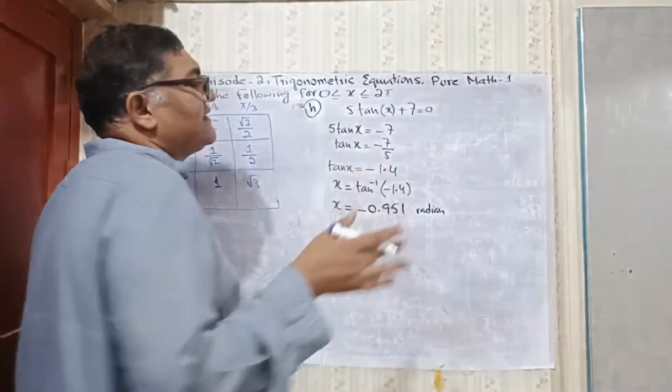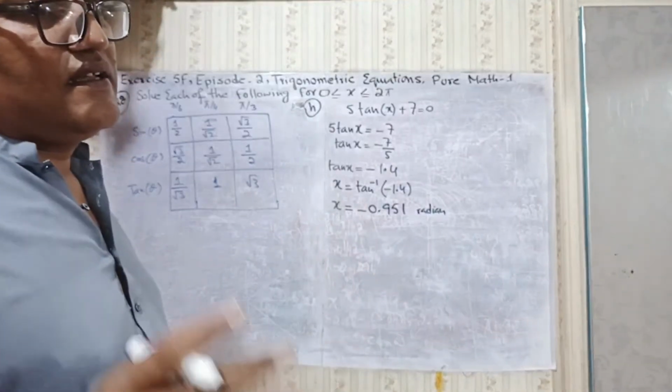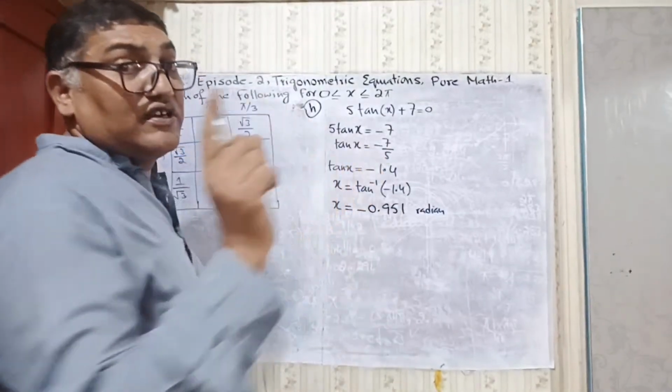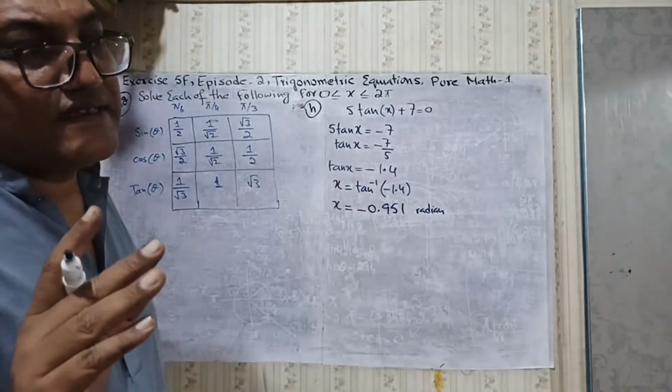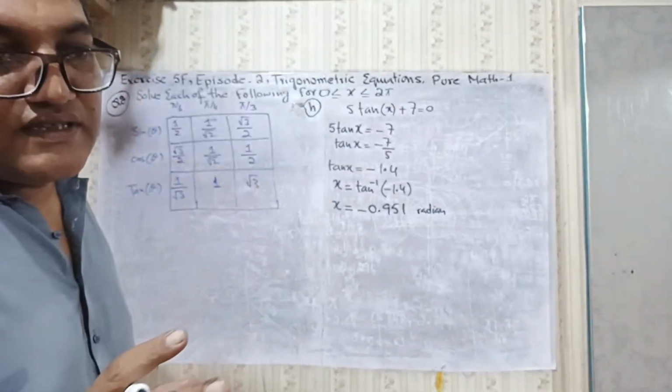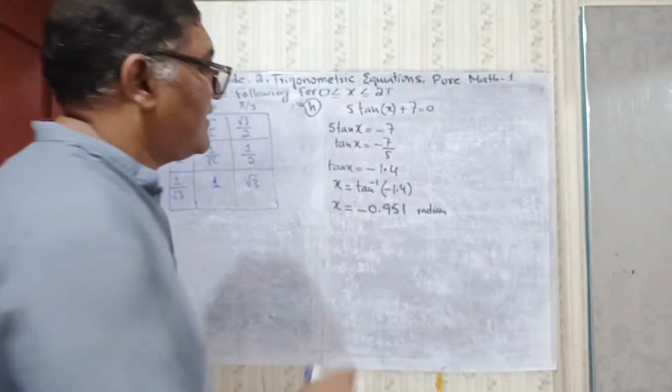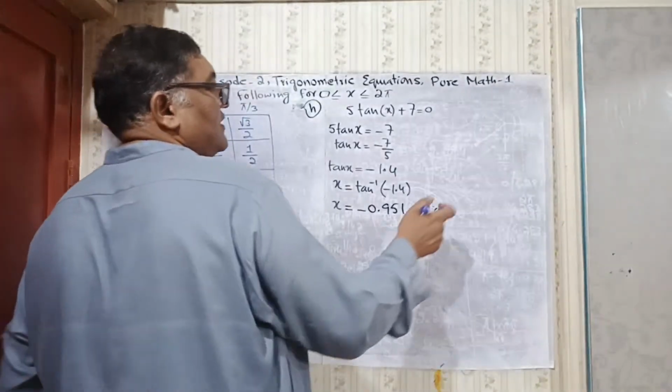You know the tan is negative in 2 places: in the second quadrant, the tan is negative, and in the fourth quadrant, the tan is negative. So let me draw this.